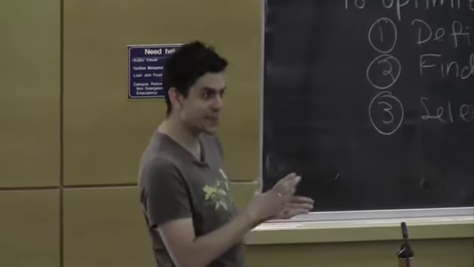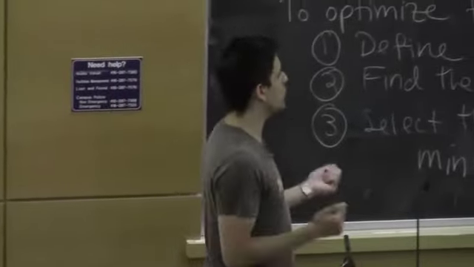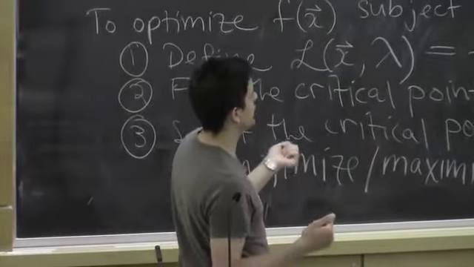Yes, it is an application of that. Last class we talked about the extreme value theorem, and that told us on compact, bounded things we always have an extreme value.